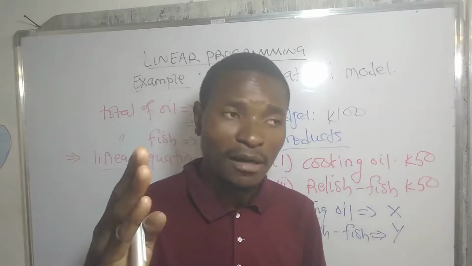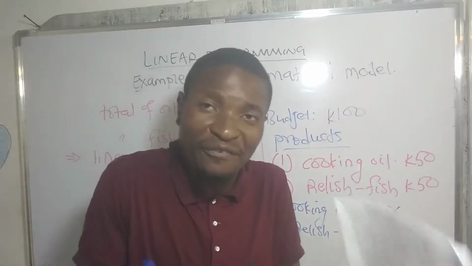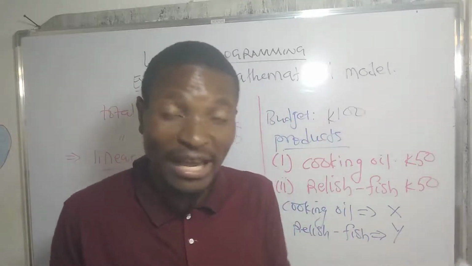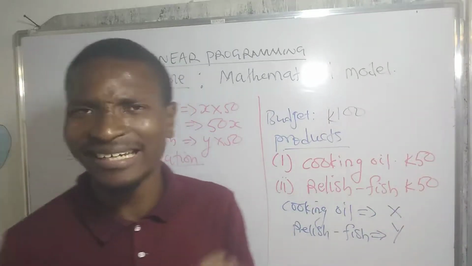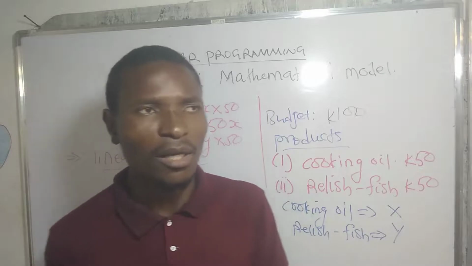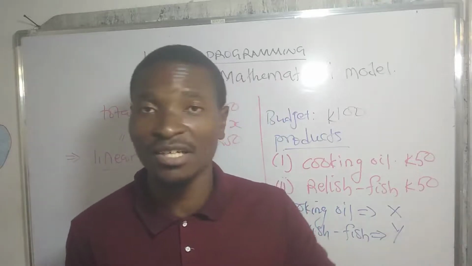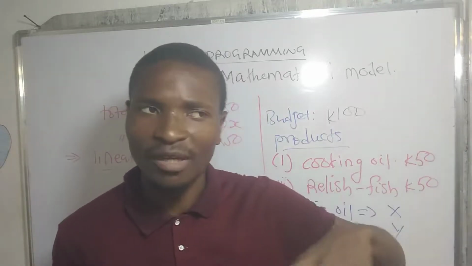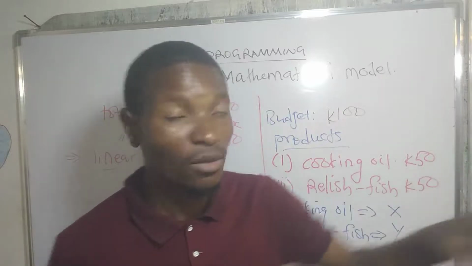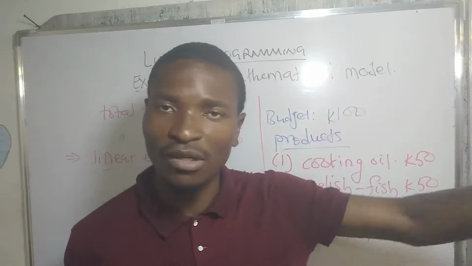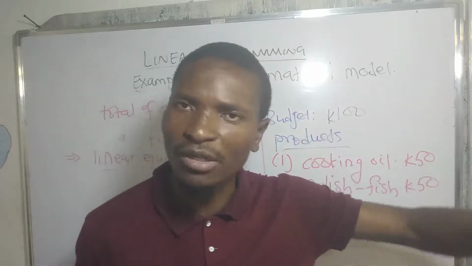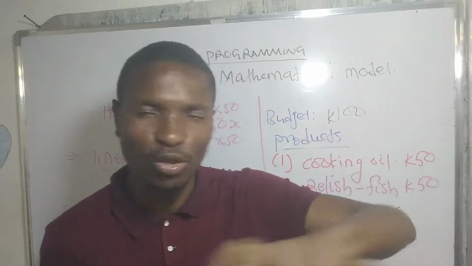Now let's jump a little bit further into the actual linear programming. I talked about linear programming being about linear equations. We can have a relationship that is linear. When they say linear, you're talking about something that can be modeled by a straight line when we put it on graph paper.